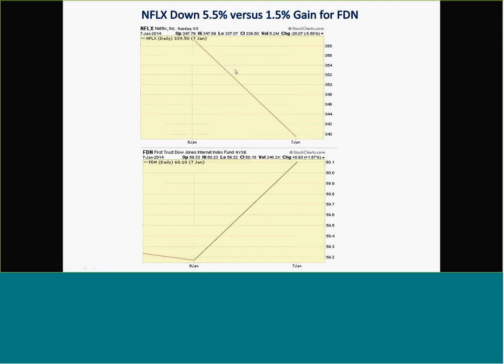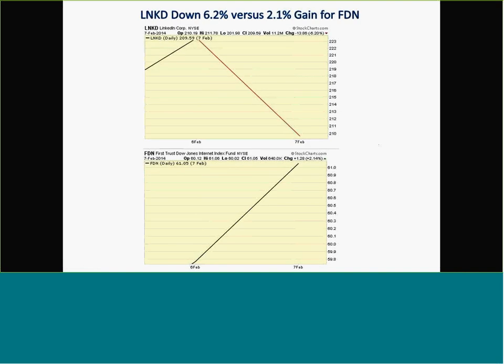So we can see if you're holding Netflix, 5.5% decline in one day. But if you held that sector, which includes Netflix, you actually would have had a profit on the day. So holding these ETFs reduces that risk and volatility of individual stocks. Here's an example for LinkedIn, down 6.2% versus a 2.1% gain for the Internet Index.